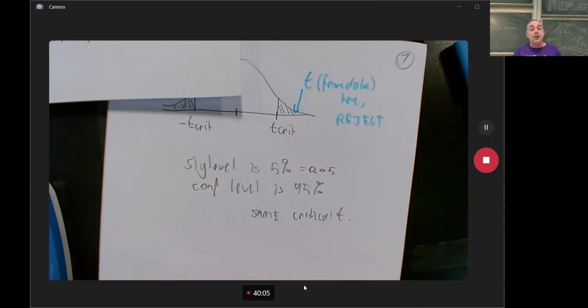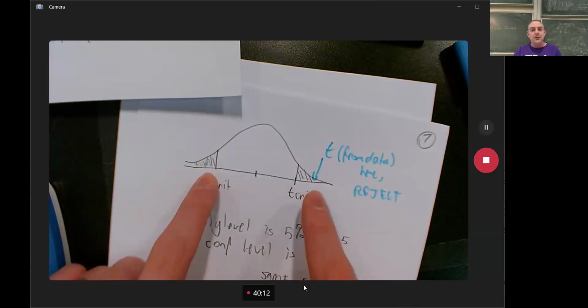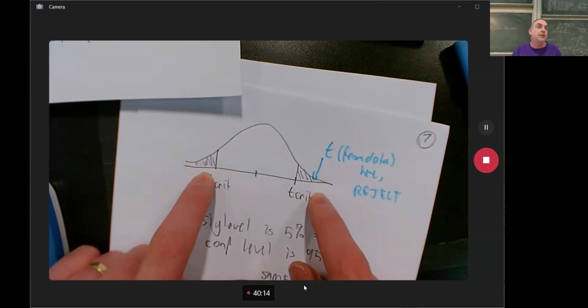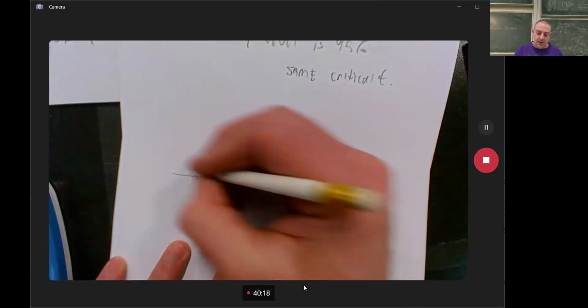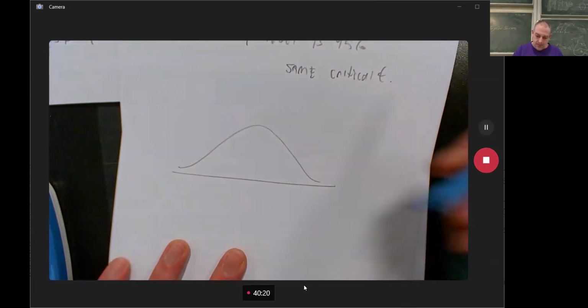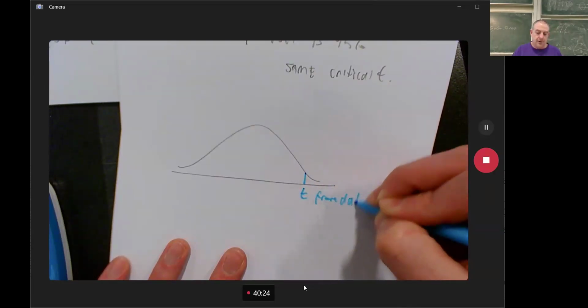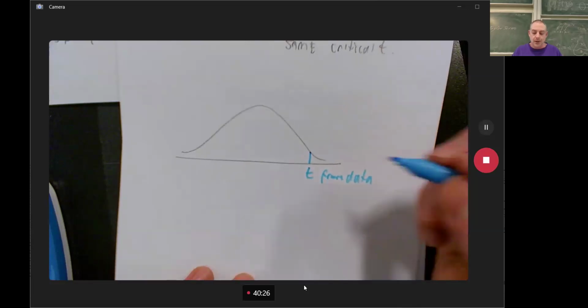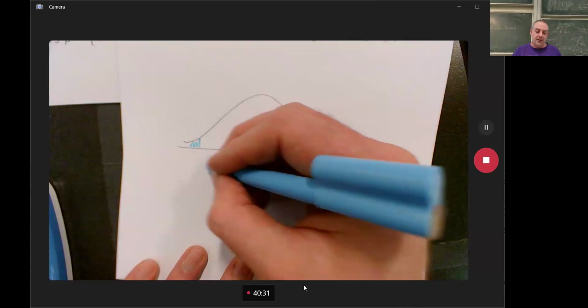So, yeah. But the other thing you can do is look at the p-value directly. Because the critical T is the one that would give you a p-value of exactly 0.05. So if your actual T is here, this is the T from the data, not the one from the table. And you color in this area, that area together is the p-value.